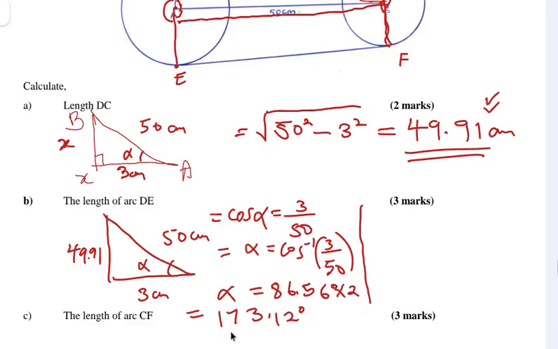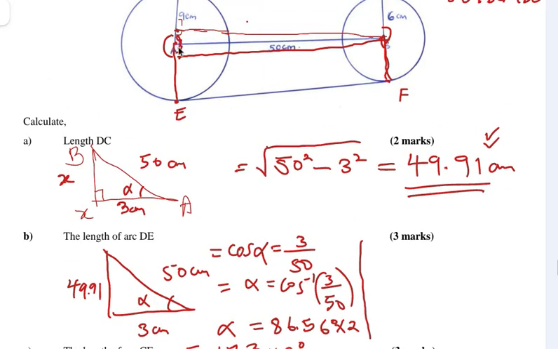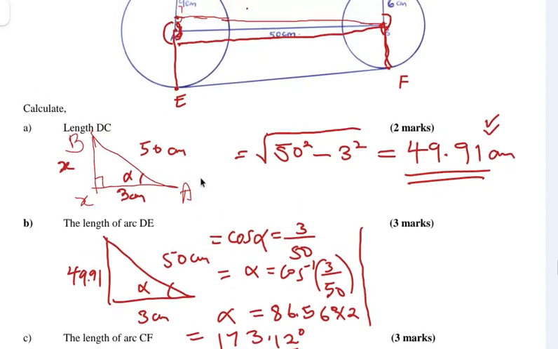173.12 degrees. Lakini sikizeni vizuri, hii angle haitusaidii kupata the length of this arc, itatusaidia kupata the length of this arc. Sisi tunataka kupata hii arc ya nje. So for us to find out this arc lazima tupate angle ambayo iko nje. Na tutapata vipi?